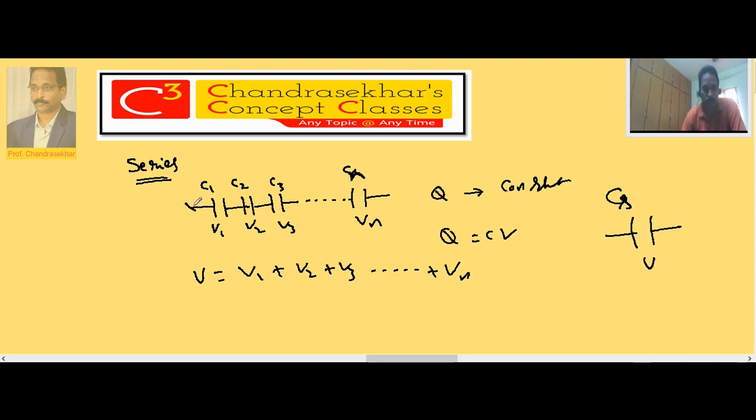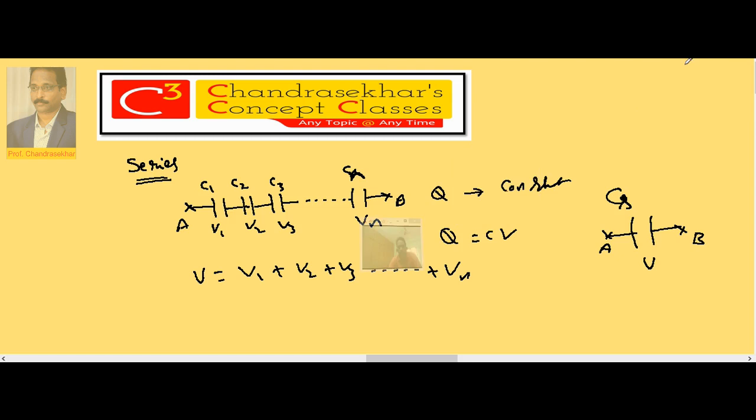This is my A, this is B. So in between the points A and B, whatever capacitors are present, all are replaced with a single capacitor. Say its capacity is CS. This is called equivalent capacity in series arrangement. The total potential difference between A and B, let us say V.